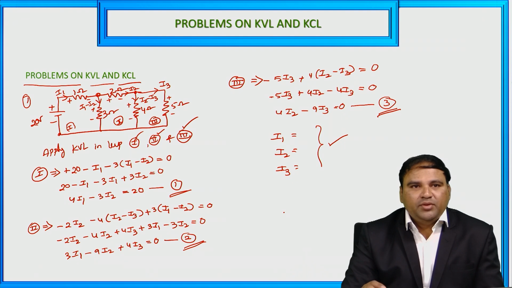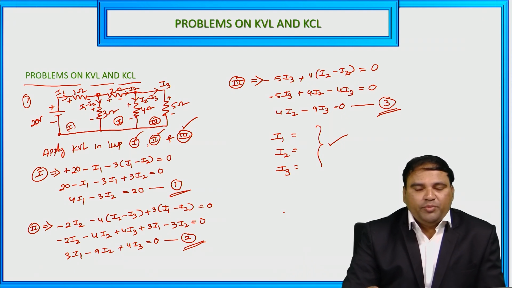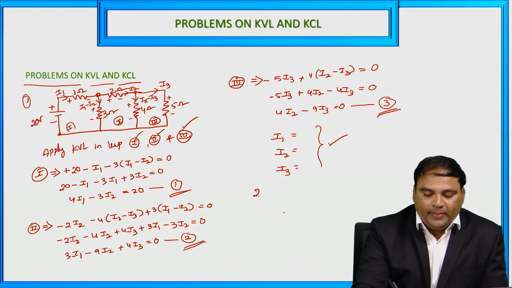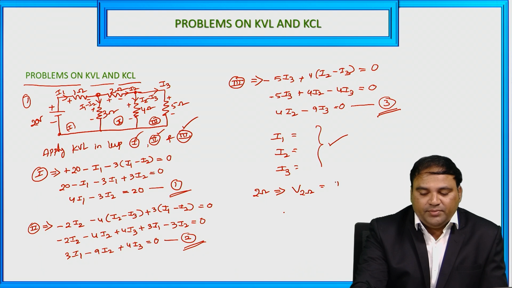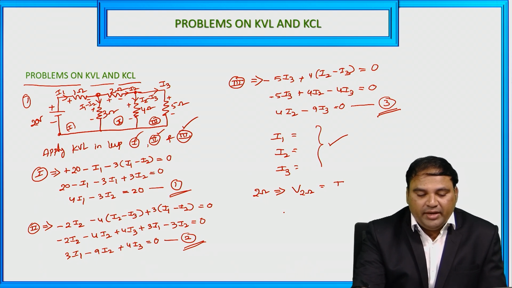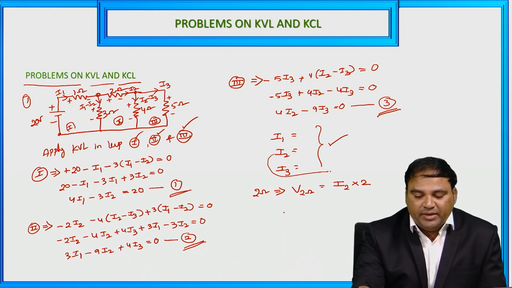For example, I need to calculate the voltage drop at the 2 ohm resistor. At the 2 ohm resistor, the voltage drop V2 ohm is equal to I into R, that means I2 into R, where R value is 2. So the I2 value is from here.